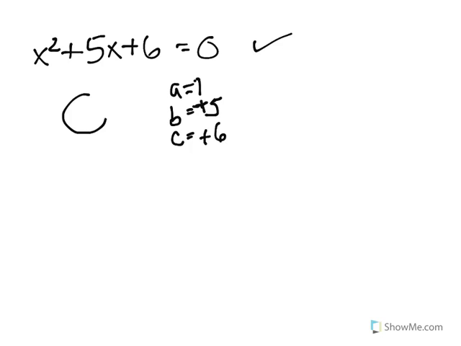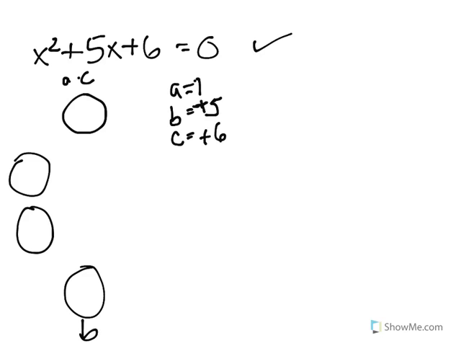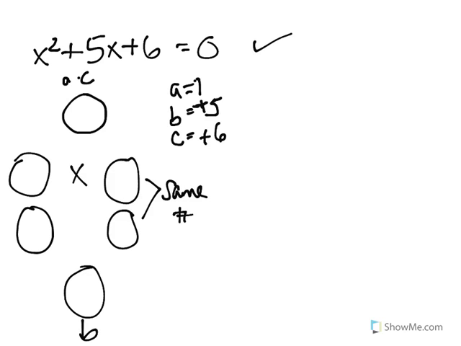Now let's draw our factor map. Okay, great. All right, so in the top box, we want to do A times C. A times C is going to be positive 6 because it is 1 times positive 6.